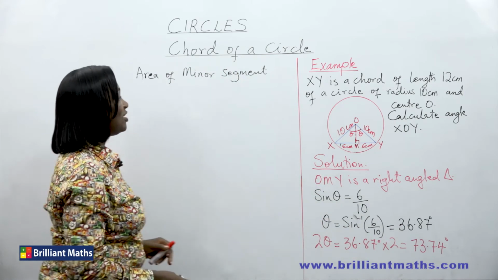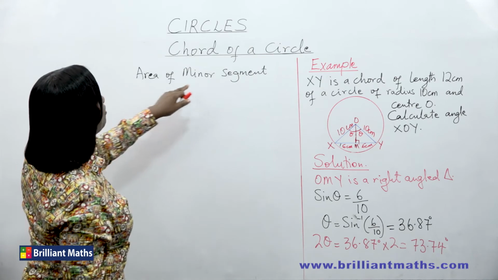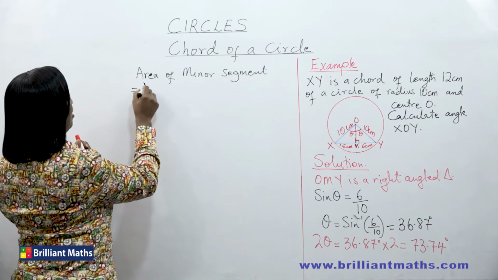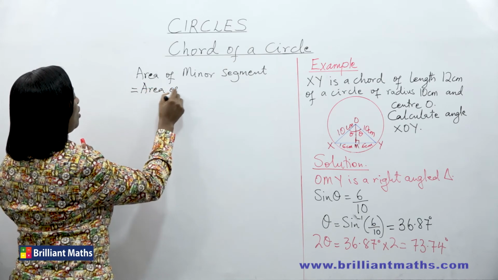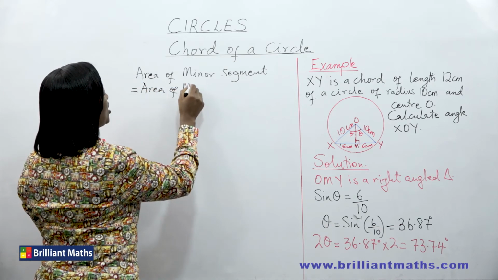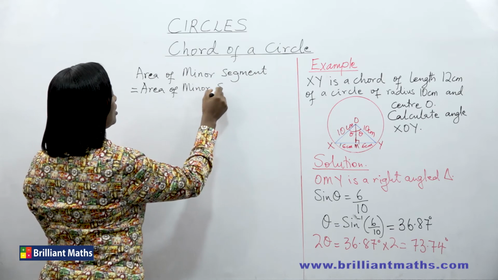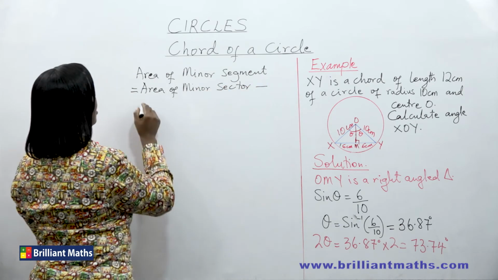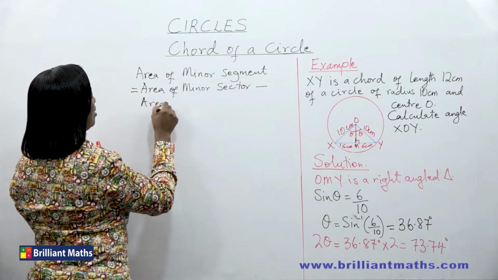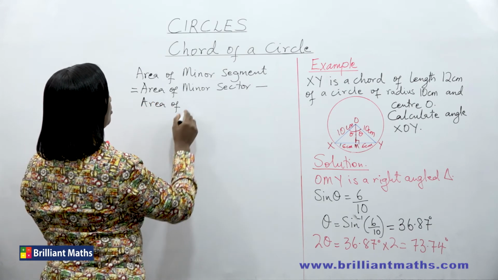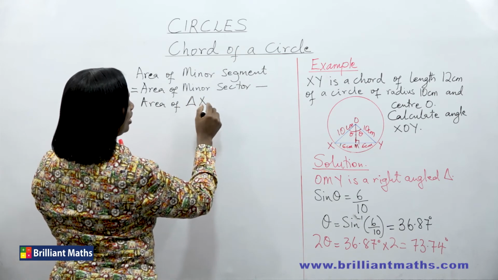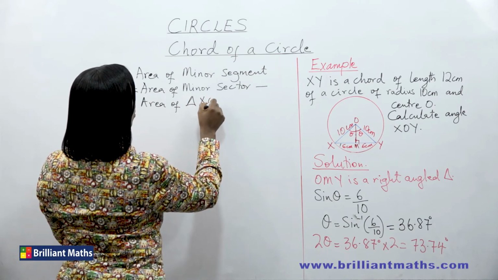That's very interesting. So let's go. Area of minor segment is equal to area of minor sector minus area of triangle XOY. I'd rather call it like that, triangle XOY.